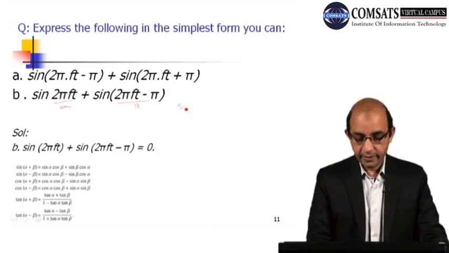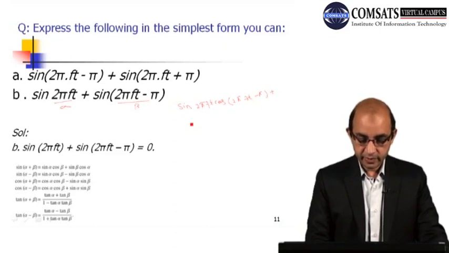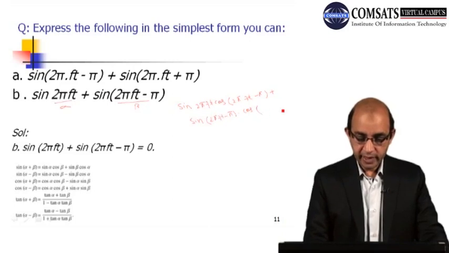So sine of 2 pi ft and cos of, sine of alpha and cos of 2 pi ft minus pi, plus sine of beta, it means 2 pi ft minus pi, into cos of alpha, so 2 pi ft.